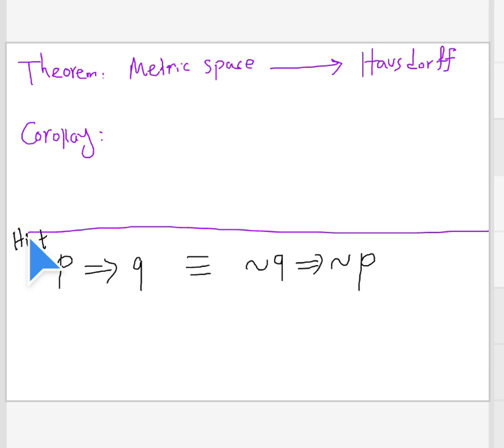Okay. I give you a corollary here. I can say that if it is not Hausdorff, then it is not metrizable.